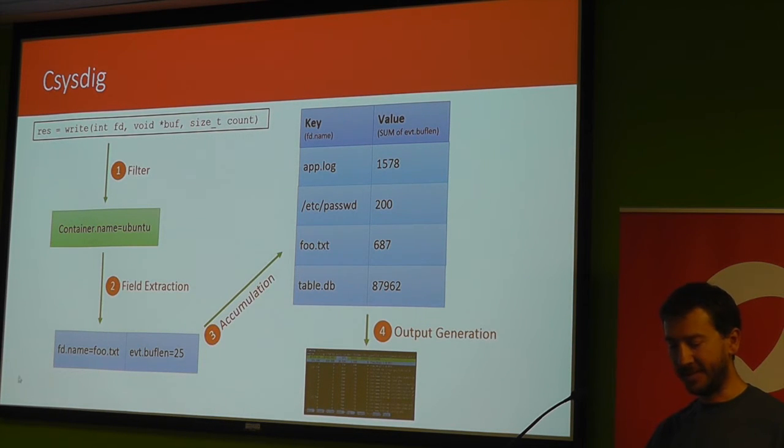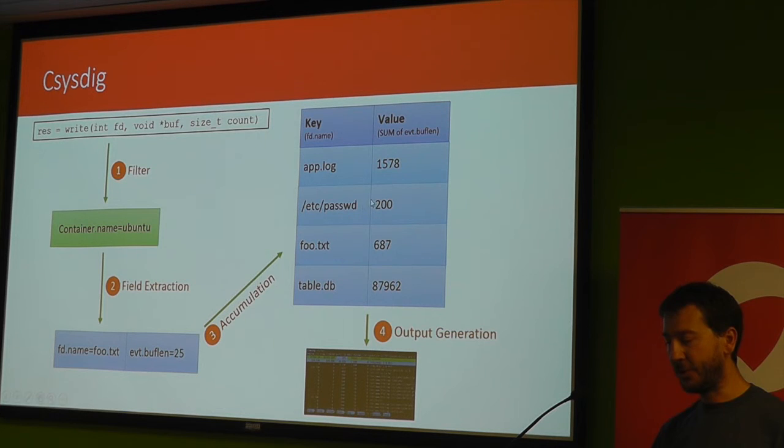So for example, this is a very trivial example in which we extract two fields. One is a file descriptor name, and the other one is the buffer length, which is available for events that are I/O events, and essentially gives me the size of the buffer that has been read or written by the specific event.